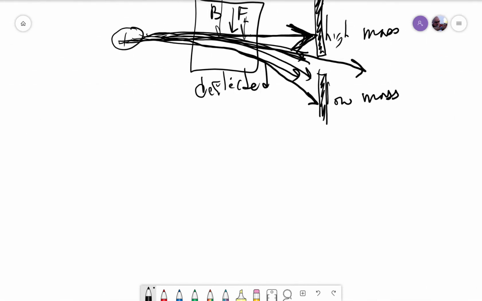This allows us to scan through and look at what masses, just like what wavelengths, are present.